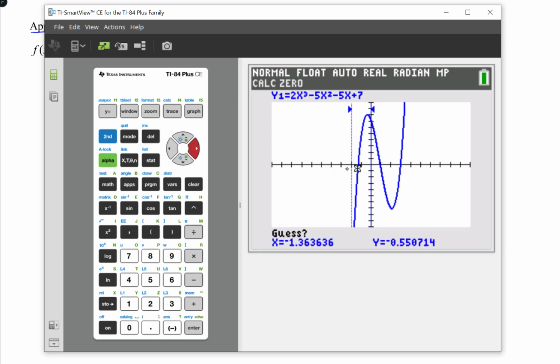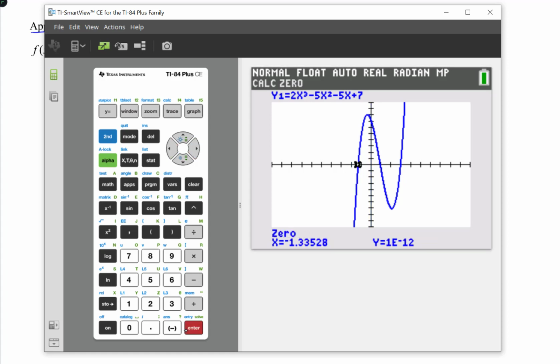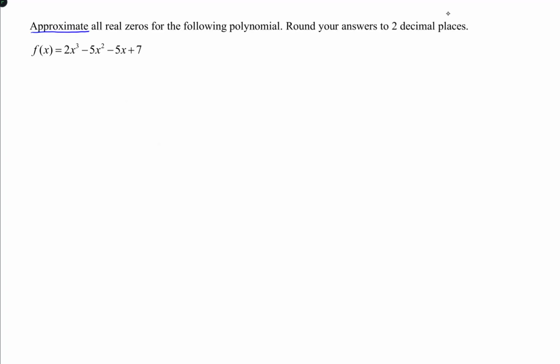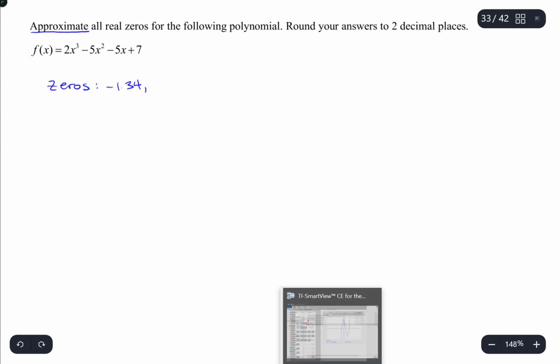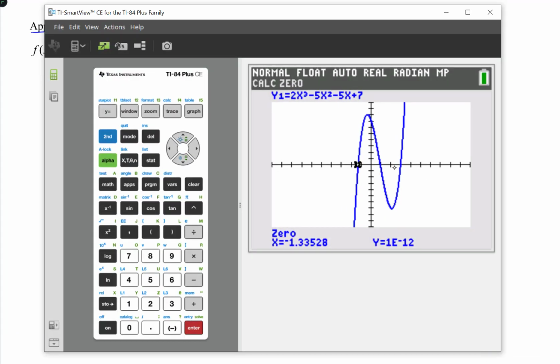Just put your cursor somewhere close to the zero, and then it will run its program and come up with the best approximation it possibly can, accurate to as many decimals as it's showing. So in this case, -1.34. That's what we'll use because it did say to round to 2 decimal places. So we have -1.34, and there are 2 others.